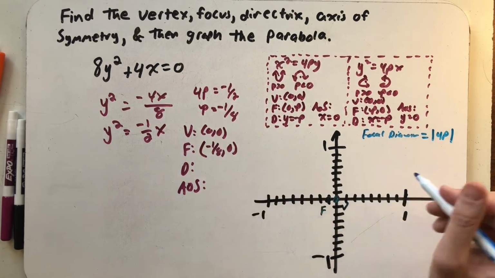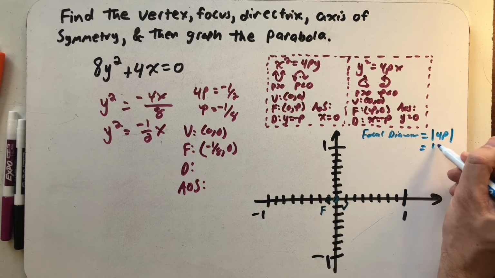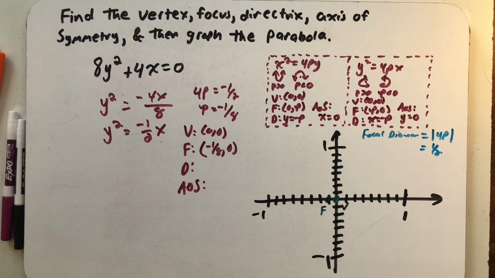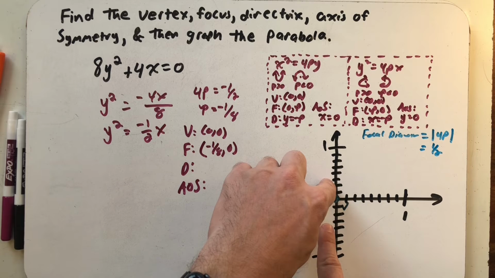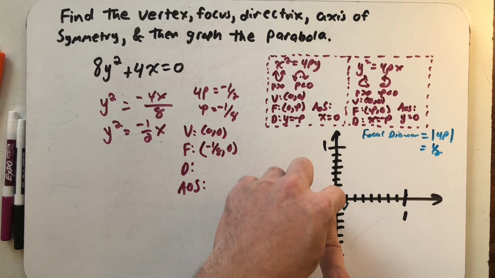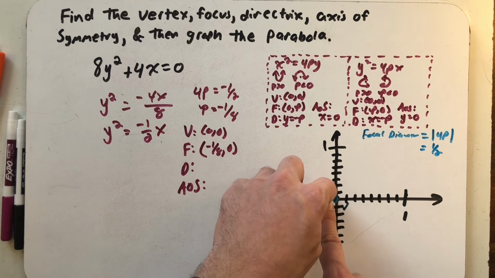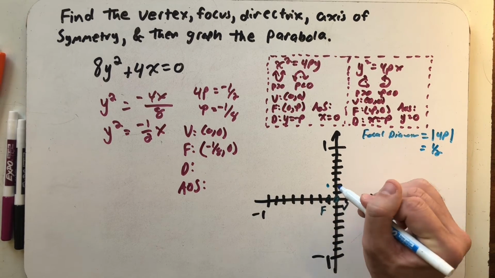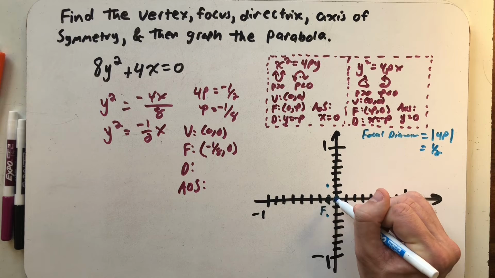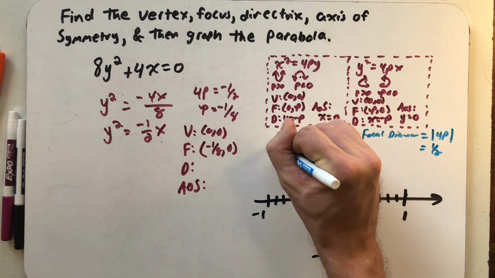Here 4p is minus 1/2, so my focal diameter is positive 1/2. The focal diameter is a line segment that runs through the focus parallel to the directrix and has length 1/2. So I'd need to go up 1/4 and down 1/4. That's up 2/8 and down 2/8, and my parabola has to run through those two points.